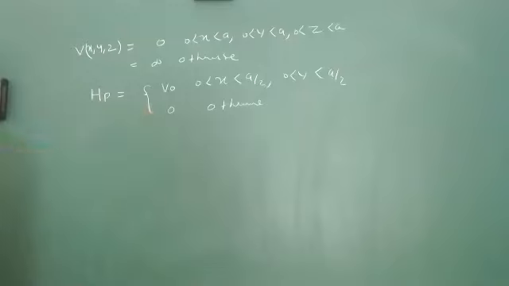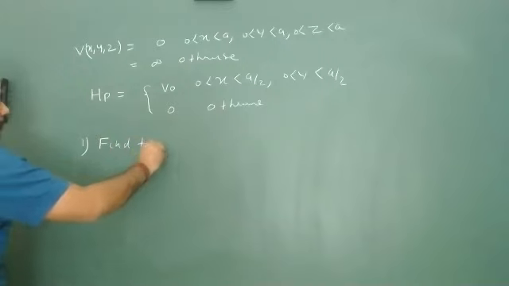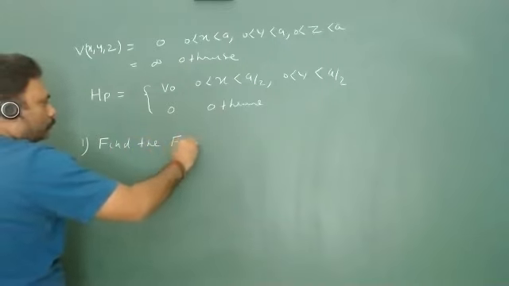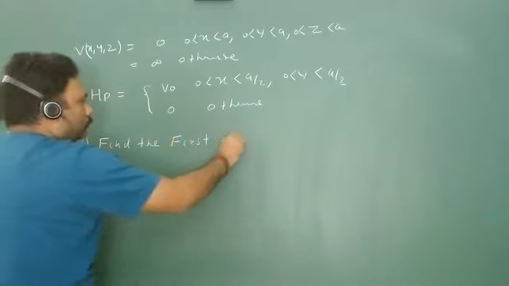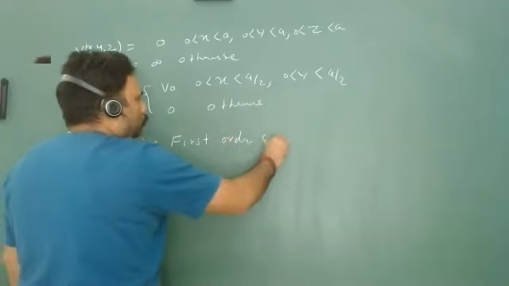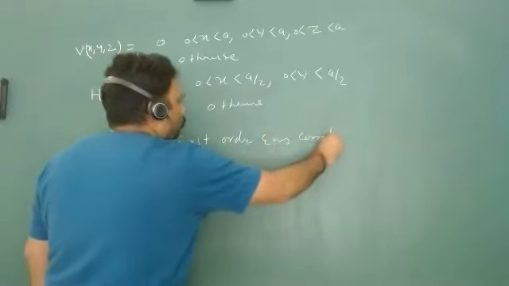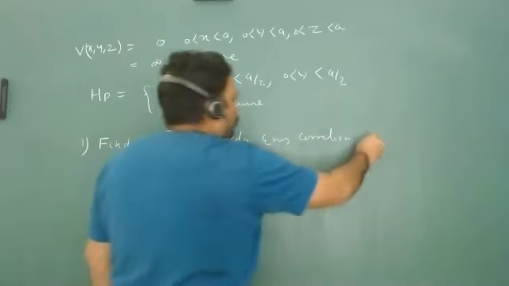So this is your potential. What you have to do? The first question is very trivial. Find the first order energy correction in the ground state.